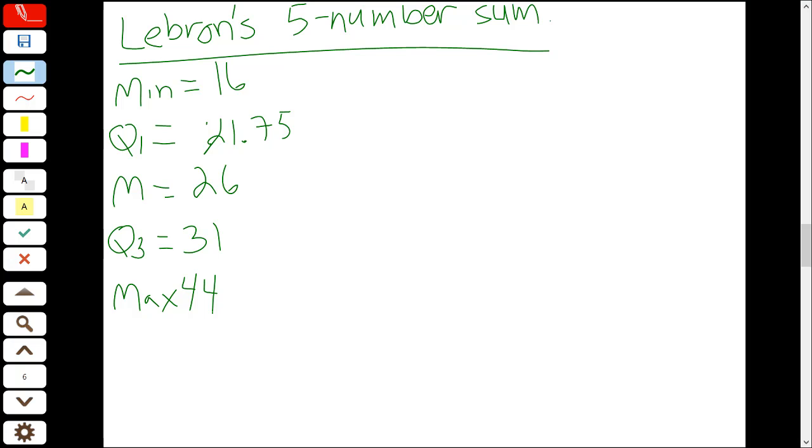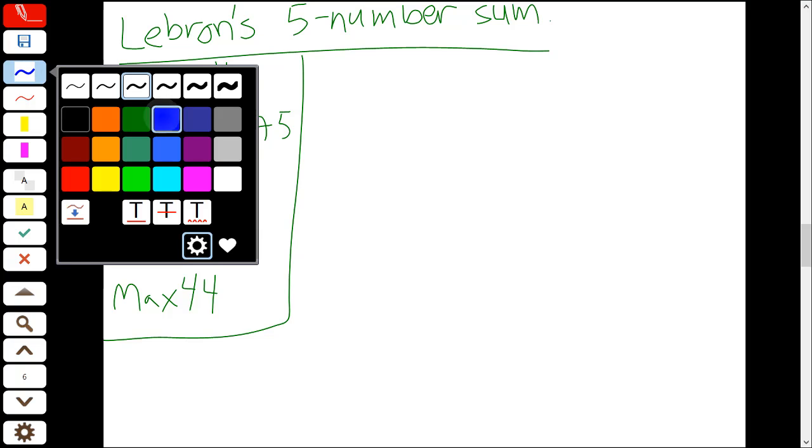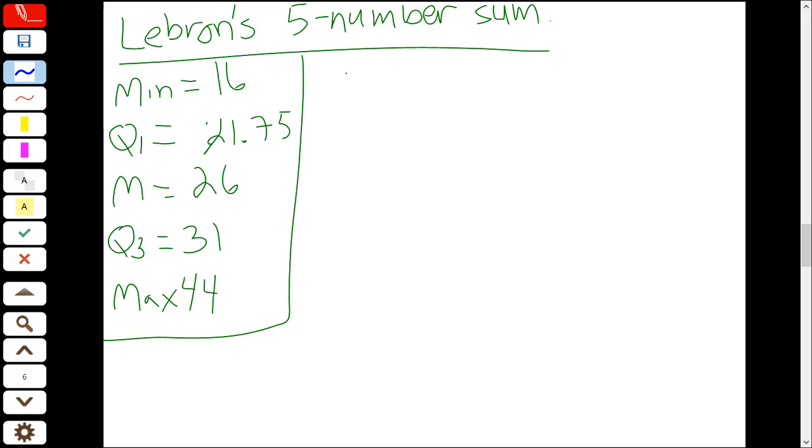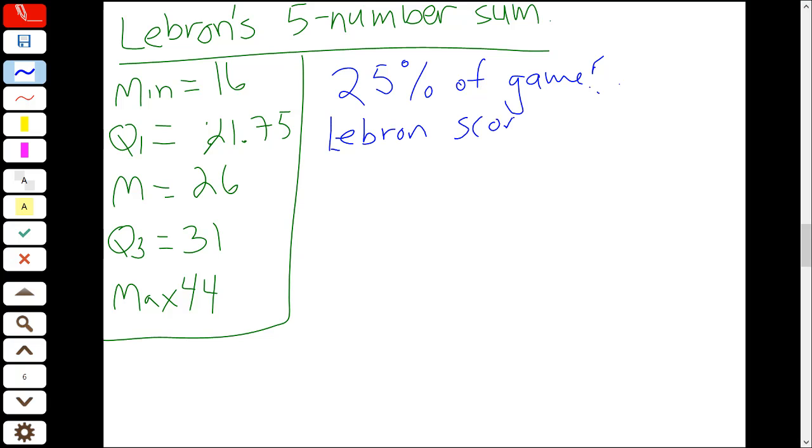So let's interpret that. All right. So first, let's note 25% of games LeBron scored less than 21.75 points.